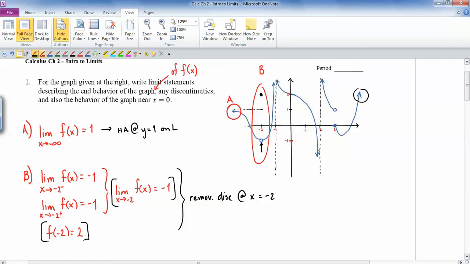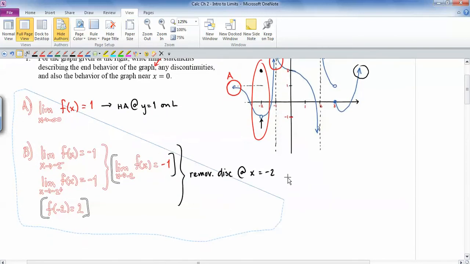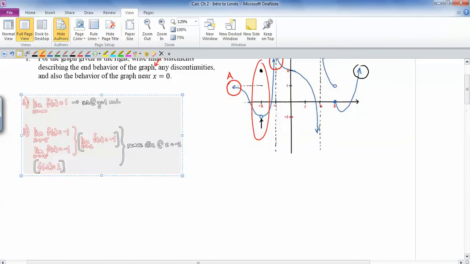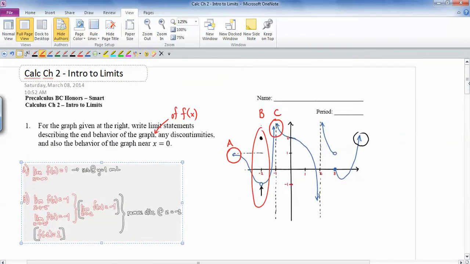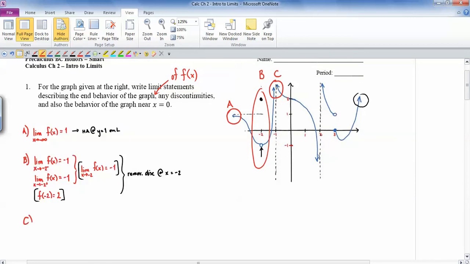Let's do the next thing. That would be this region right here, C. And for C, I'll shrink these down so I can keep writing here. C is when x is around -1. So limit as x goes to -1.